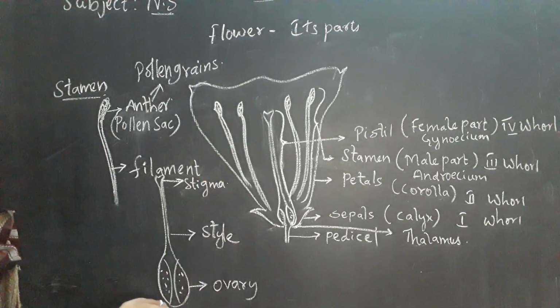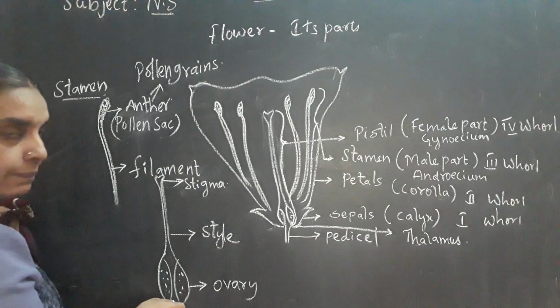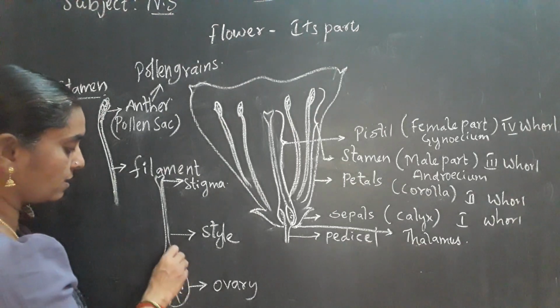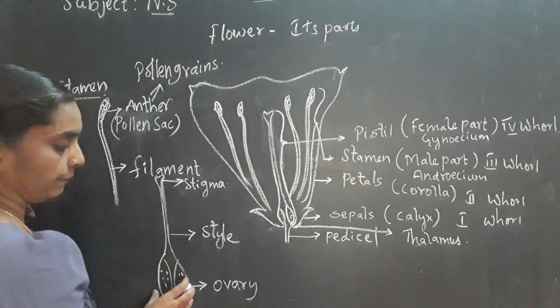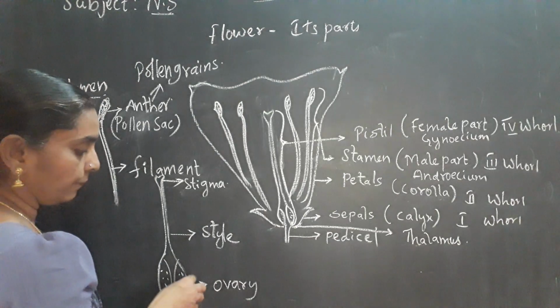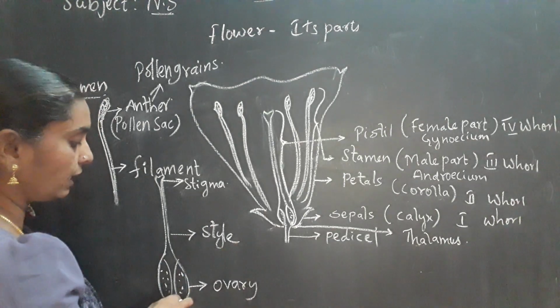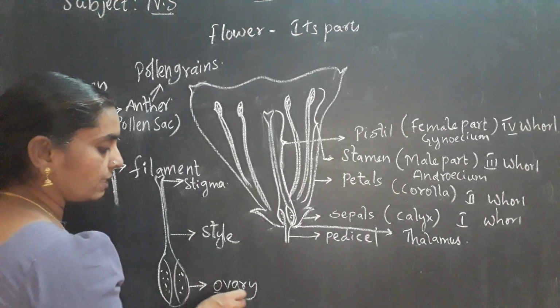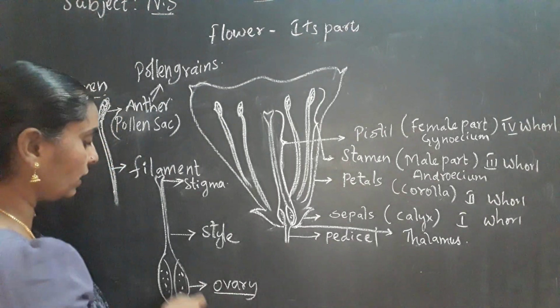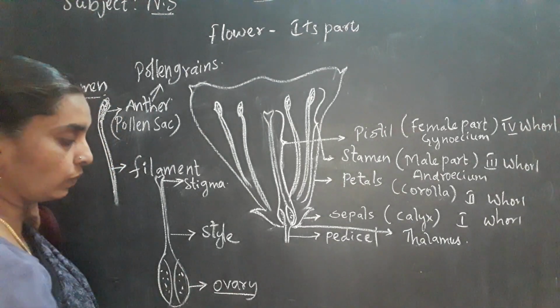Inside the calyx region, above the thalamus, you can see the bulged part called as ovary, which contains ovules.